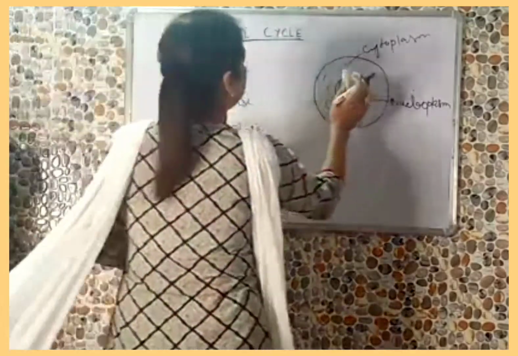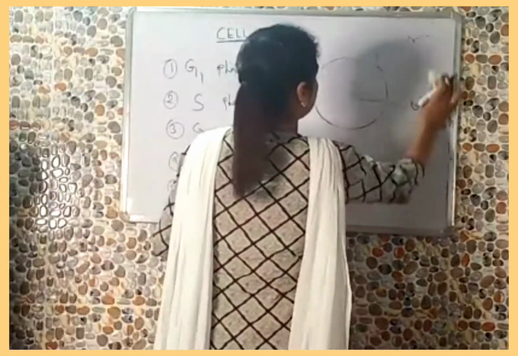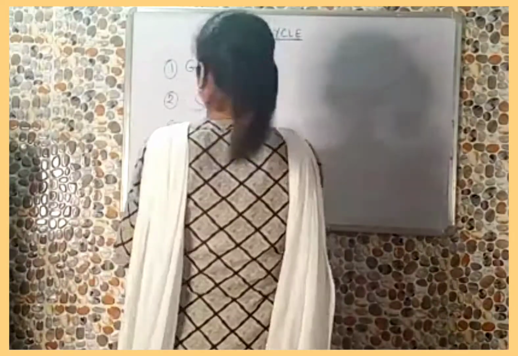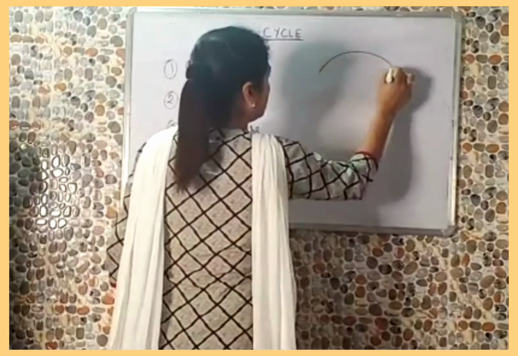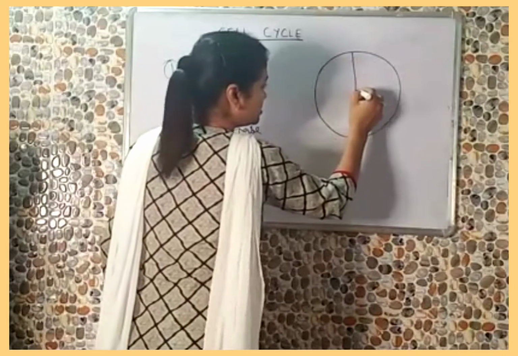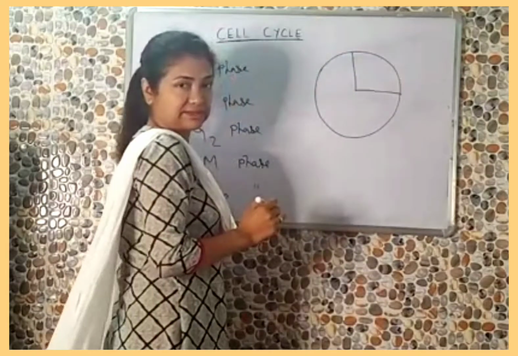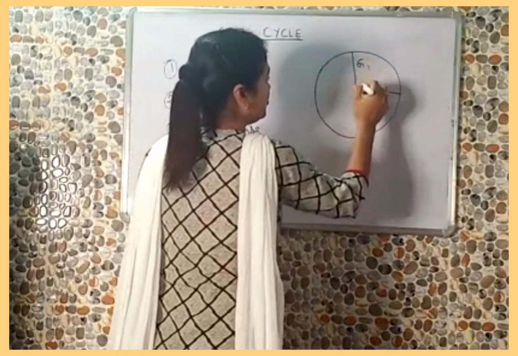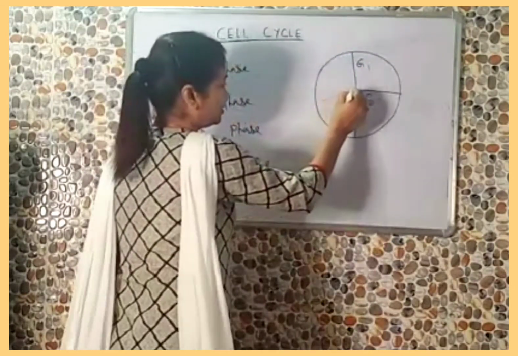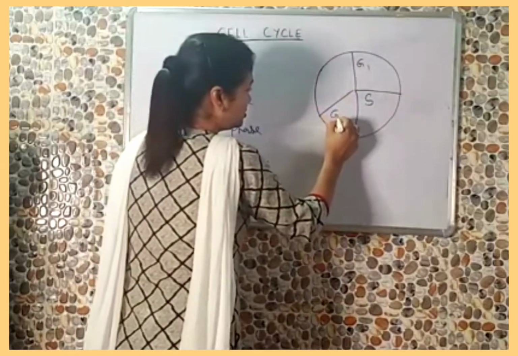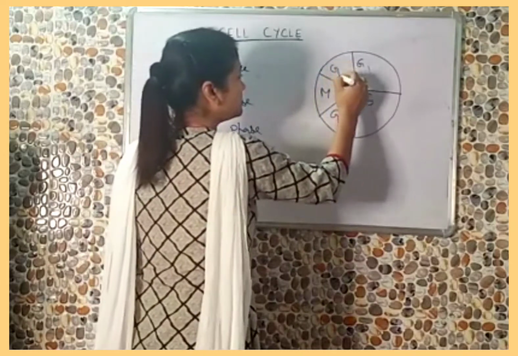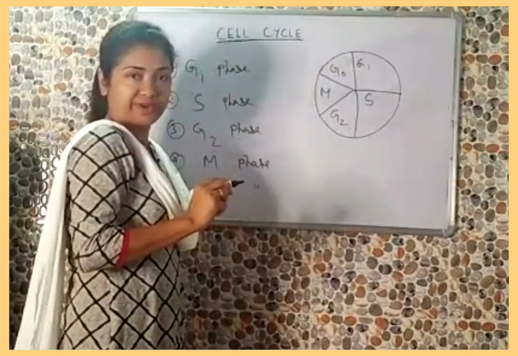And now you see here, this is G1 phase, S phase, G2 phase, M phase, and this is G0 phase.